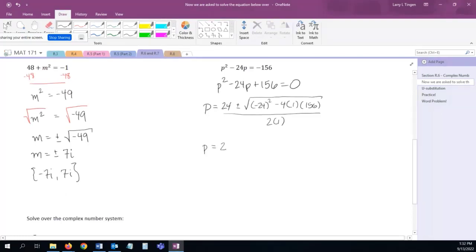And I've done this already in my head. And negative 24 times negative 24 gives me positive. And then subtract the product here. And the result of this is negative 48.